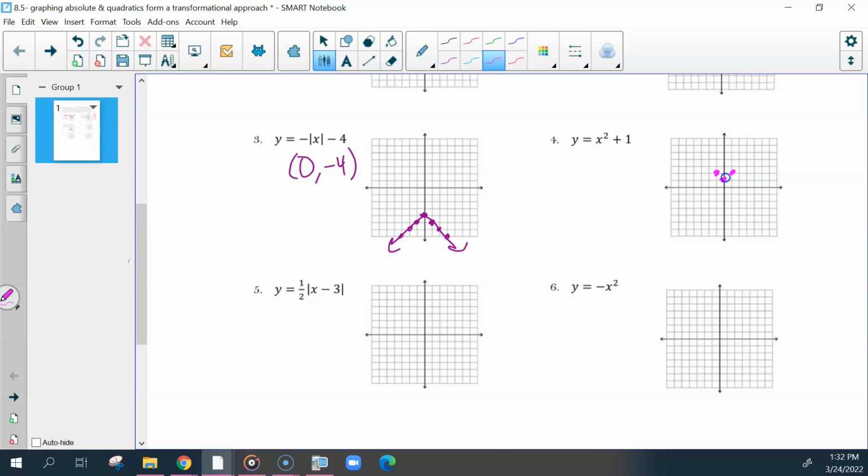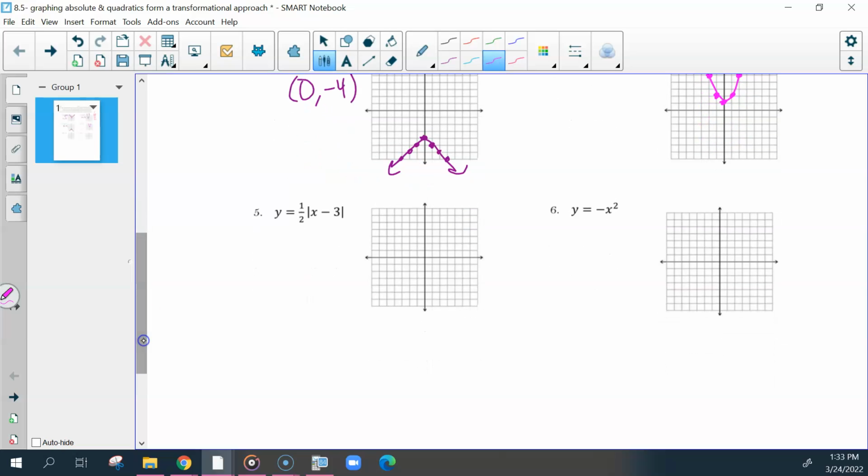Instead of 2, 4, it would be 2, 5. And instead of negative 2, 4, it would be negative 2, 5. So that one we don't need to check because we didn't really do anything to the current function except move it up 1. But you could check it, just to make sure.